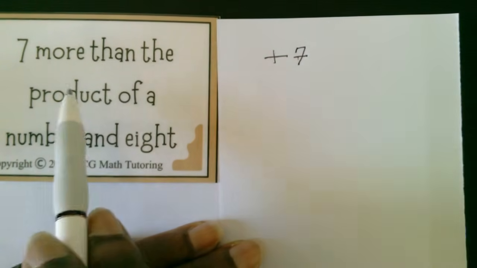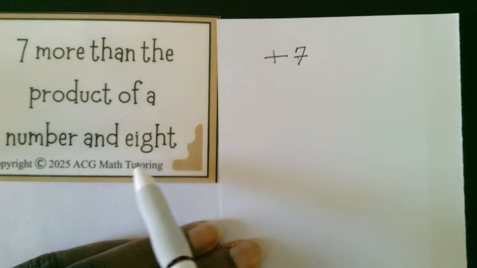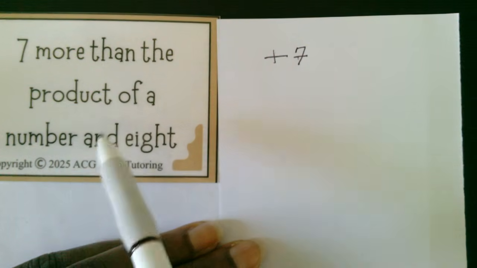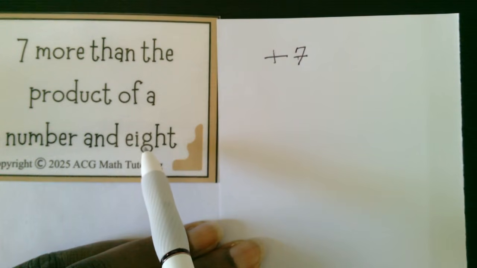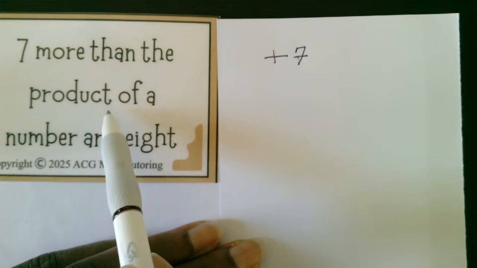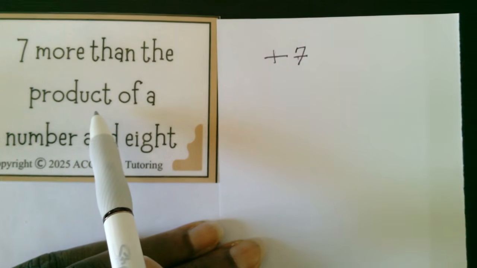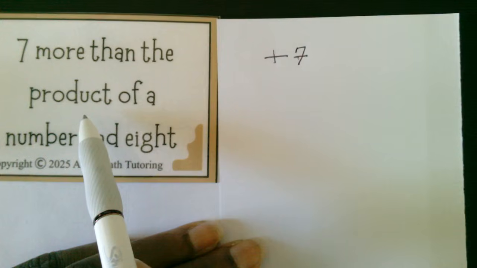But what is 7 going to be more than? That's where this expression here comes in. The product of a number and 8. So we need to know what product means. Product means multiplication. So what are we multiplying? Usually when you're multiplying 2 numbers.